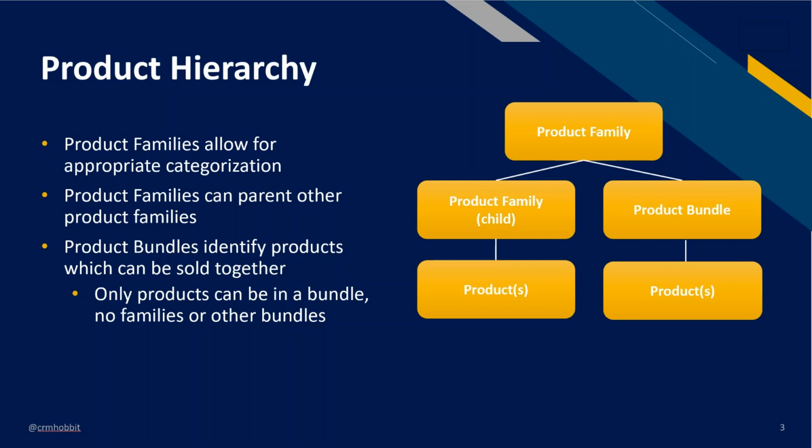These could be loss leaders with top-selling items, or like items which make an attractive bundle for your sales team. Only products can be in a bundle. You can't put a family in a bundle or another bundle as a child. But you can have as many levels with product family as you like, parent to child, parent to child.